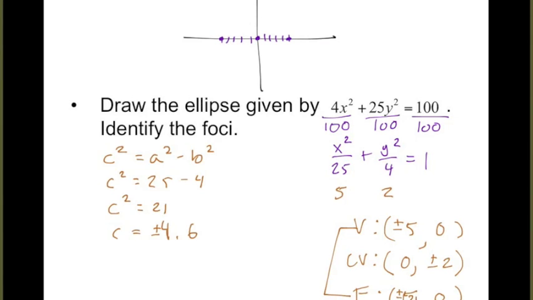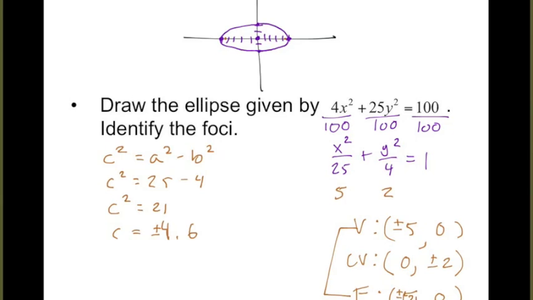Under the y, when I took a square root, I got a 2. So I want to go up and down 2. And that creates our ellipse. And then I'm going to plop the foci in there at about 4.6.